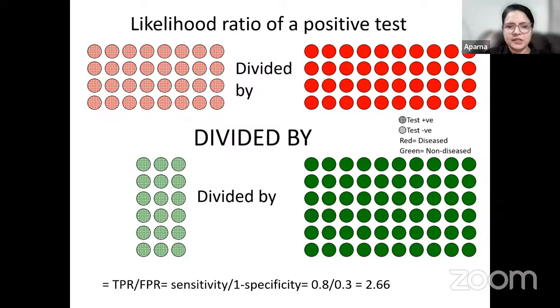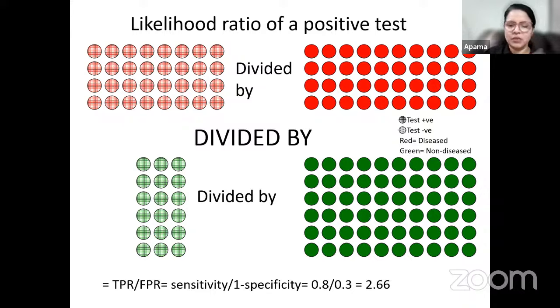We already discussed sensitivity is the number of babies who are testing positive among the total number of diseased individuals. And this is to be divided by 1 minus specificity, which is false positivity rate. So in other words, you can describe this as likelihood ratio of positive test is given by the formula true positivity rate divided by false positivity rate.